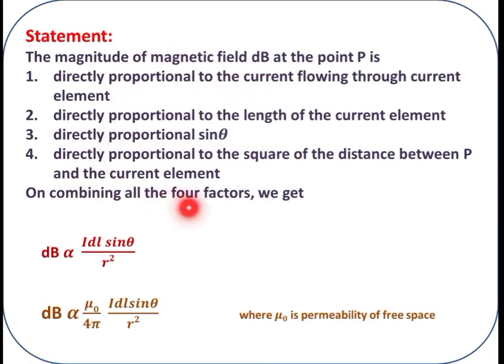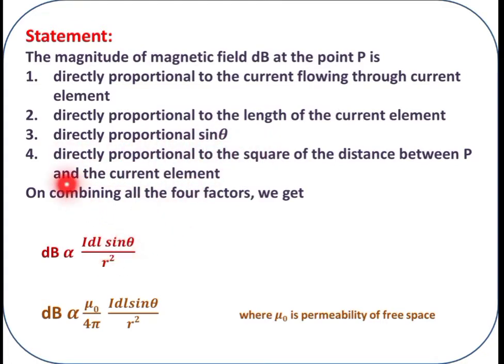If we combine all these factors and express them in expression form, how do we write it? According to this, dB is directly proportional to I, the current, first point. dB is directly proportional to the length, dl. dB is directly proportional to sine theta.